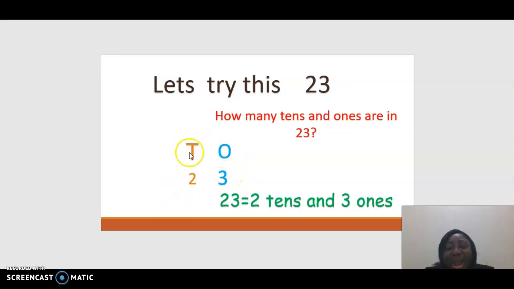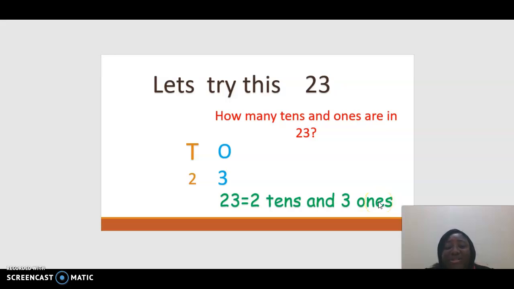When I look right under my tens, whatever number I have written there represents the number of tens there are in my two-digit number. When I look at the number I have under my ones, that represents the number of ones I have in my given two-digit number. So for the number 23, I have got 2 tens and 3 ones.